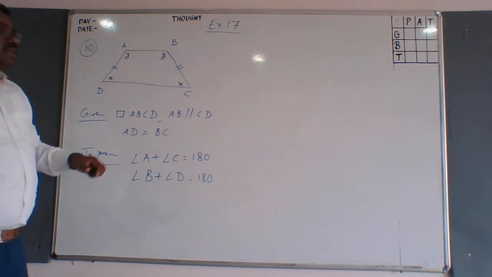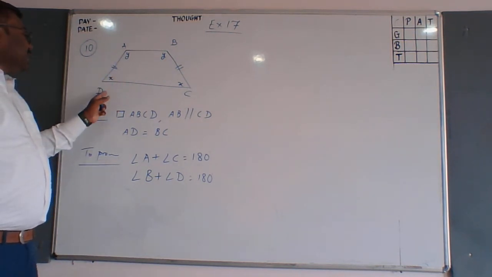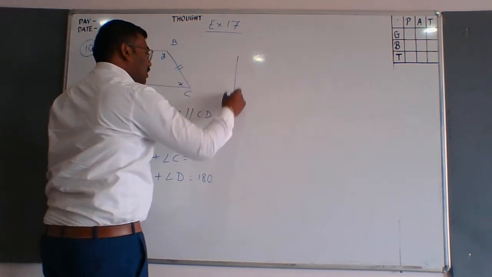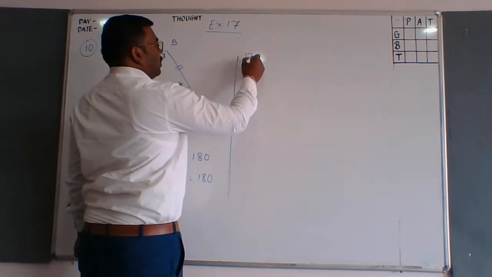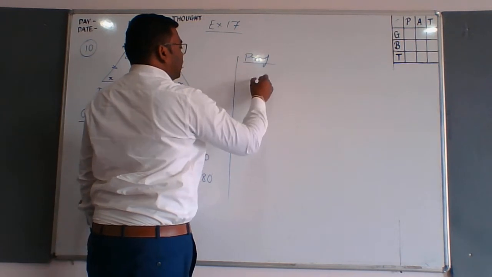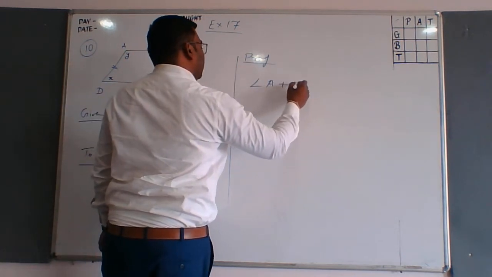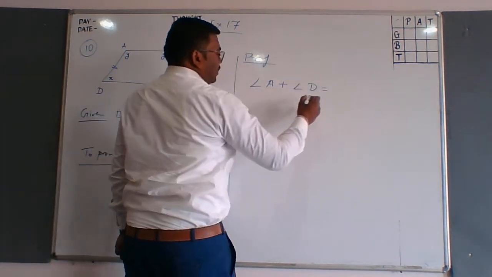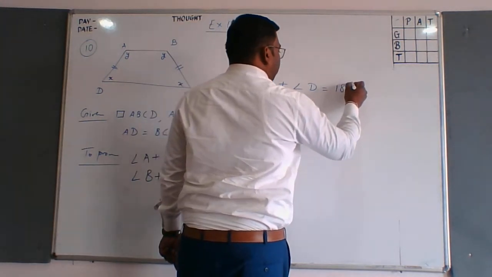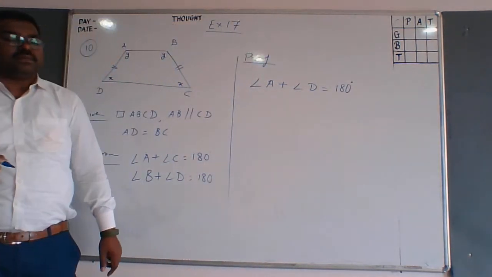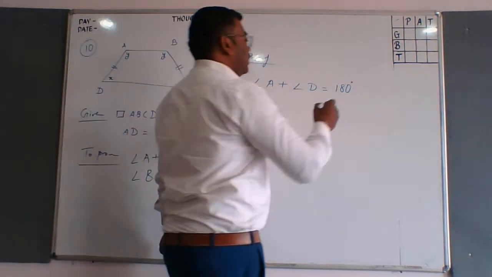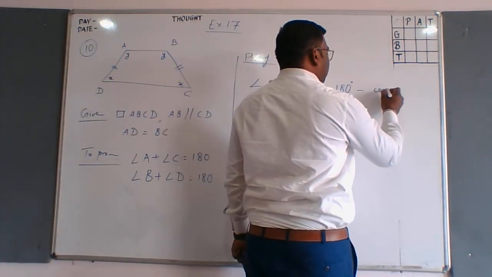Now let us start with this. Can we say angle A and angle D are supplementary? Angle A and angle D are supplementary angles because they are the corresponding angles.